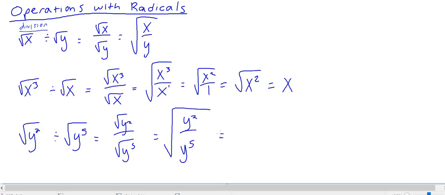Now, we can simplify y squared over y to the 5th because they have the same bases. They don't need to have the same exponents for division. And this becomes, we do the bigger one minus the smaller one, and we leave it in the spot of the bigger one. The bigger one in this case is in the denominator, so we do 5 minus 2, it's 3. Y to the 3, and we leave it in the denominator. Since we have nothing left in the numerator, it just becomes a 1.